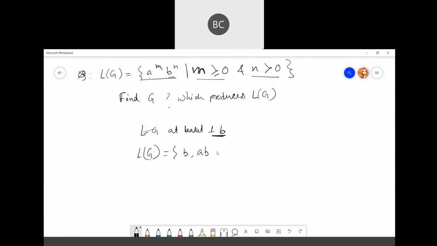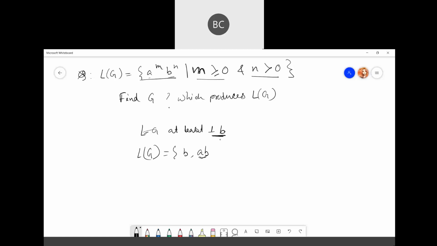So, if you see what can be the possible strings from this language. Okay. One example is simple b. There might be just one b, which is acceptable by this language because there is at least one. Another possible string is ab. ab is also accepted. Why? Because there is at least one b and there is one a. Okay. m is greater than or equal to 0.